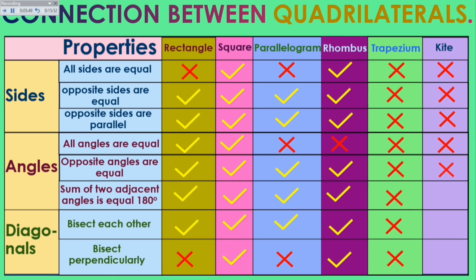No, we only have one pair of opposite angles that are equal. Are the sum of the two adjacent angles equal to 180 degrees? Of course, no. Do the diagonals bisect each other? Of course, yes. Do they bisect each other perpendicularly? Yes, of course.